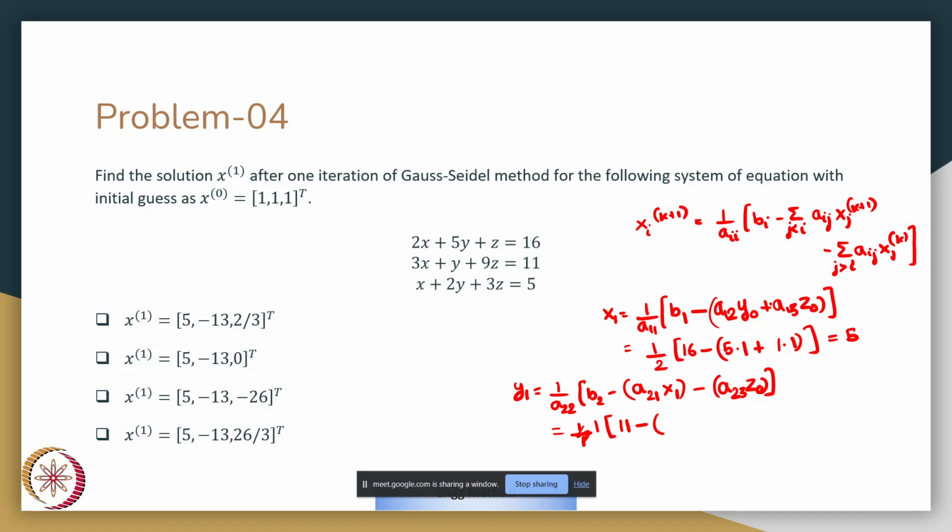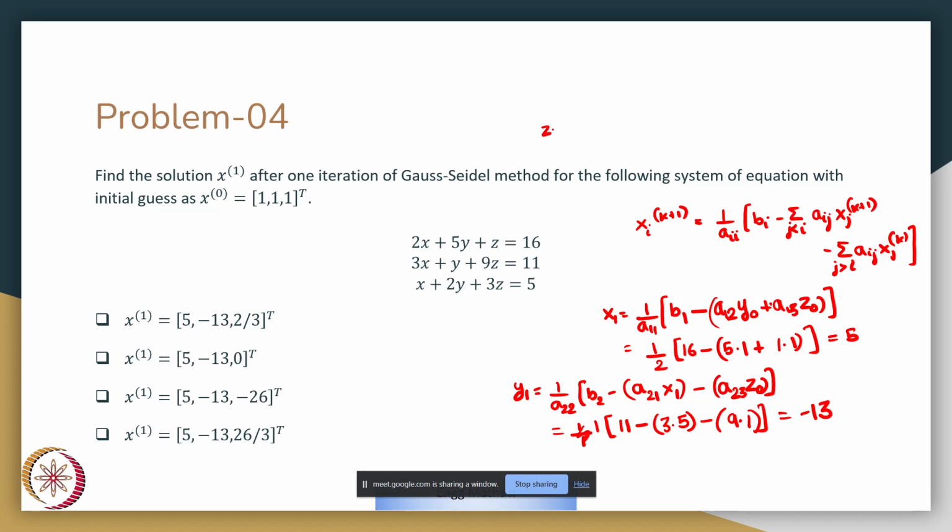A21 X1 is 3 into 5 minus A23, which is 9 into Z0. Z0 is 1. So 11, 15 minus 4 minus 9, which is minus 13.